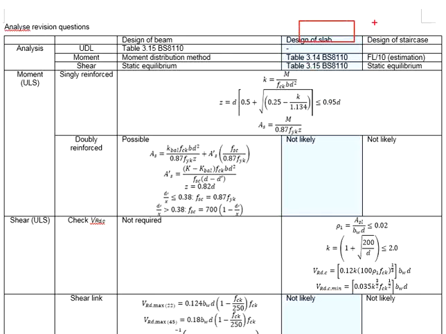As for the slab and the staircase, they are in common in terms of being thin layer structural elements and normally have a width of more than 1 meter. In the design of the slab and the staircase, normally we design on the basis of 1 meter unit width.